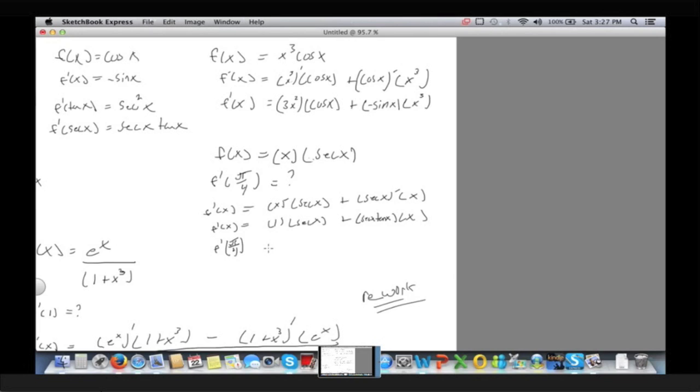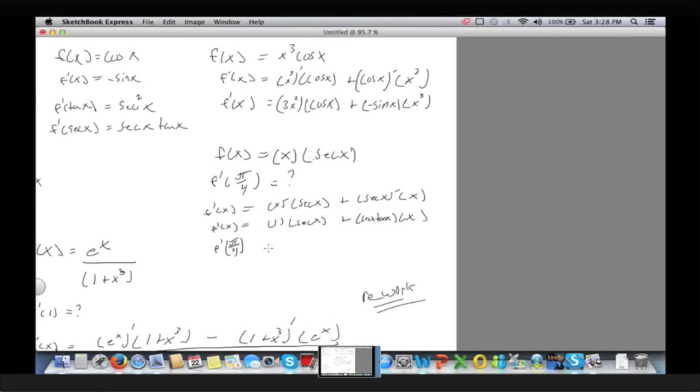Secant of x is just going to be 1 divided by cosine, secant of pi over 4, parentheses, times pi over 4 plus secant x tangent x.